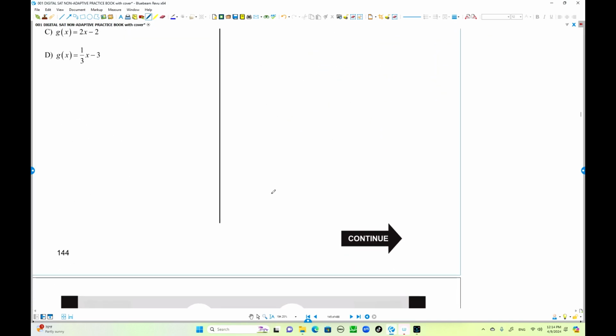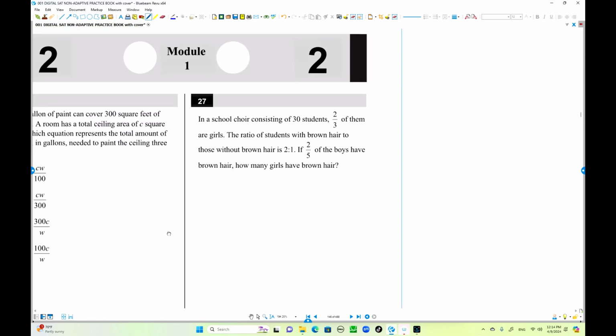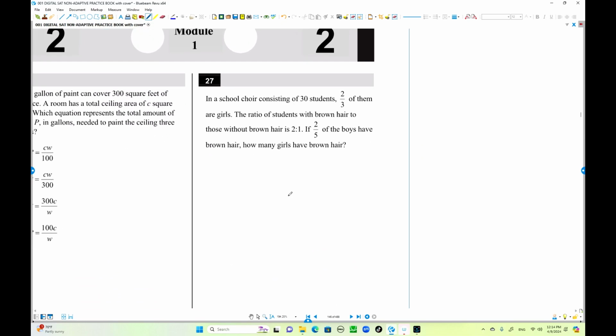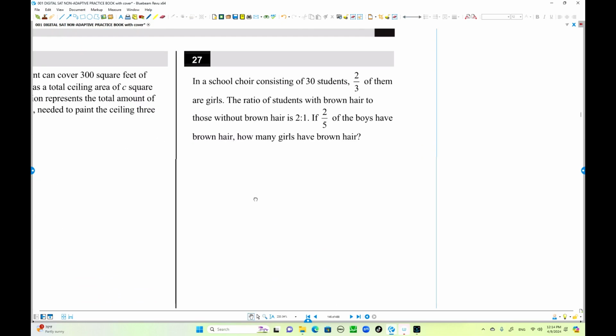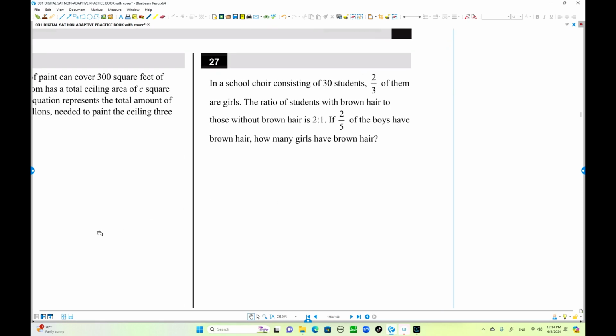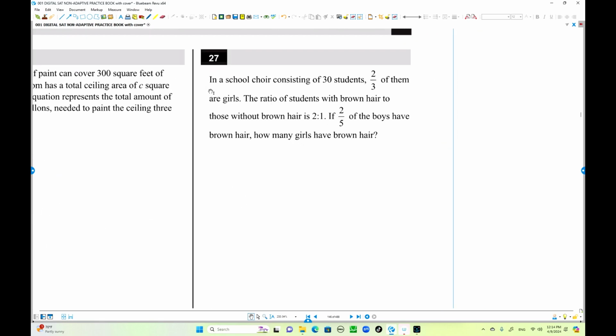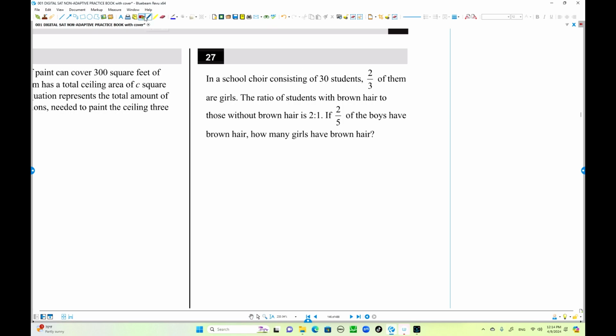Okay, we're gonna try the last one, number 27 over here, okay? You can take a look at number 27. Okay, in a school class consisting of 30 students, right? So 2/3 of them are girls, or that 1/3 may be boys, right?